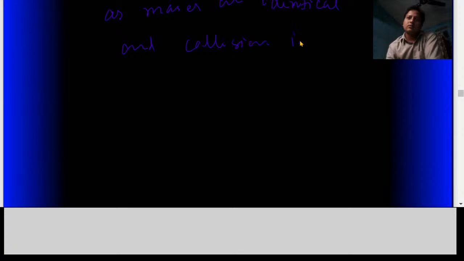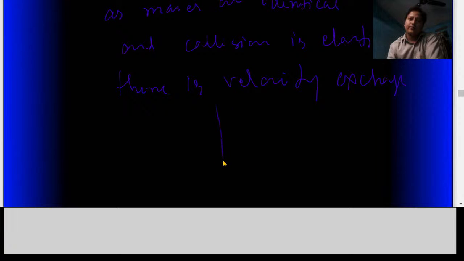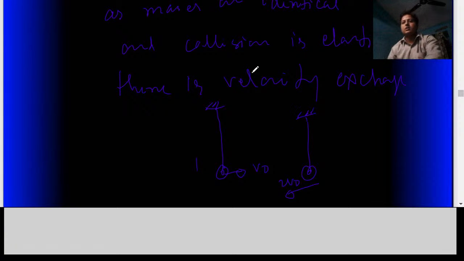As the masses are identical and the collision is elastic, there is velocity exchange. So if the first bob is moving with speed v0 and the second bob with speed 2v0, after collision the only effect is the exchange of velocity.